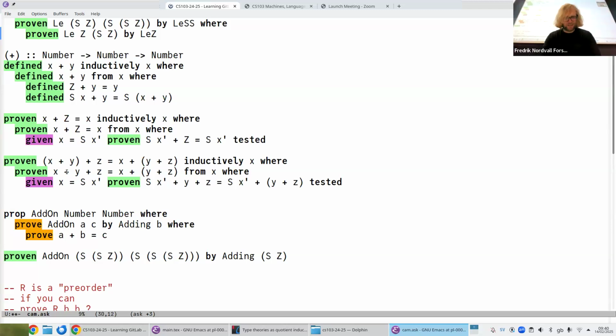So plus is defined in a certain way, right? But then after plus is defined, we define what it means for add-on AC to be true.